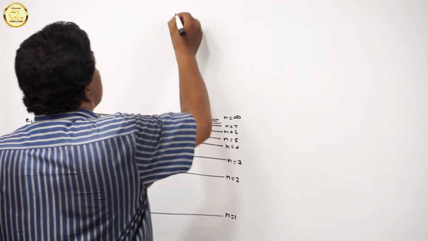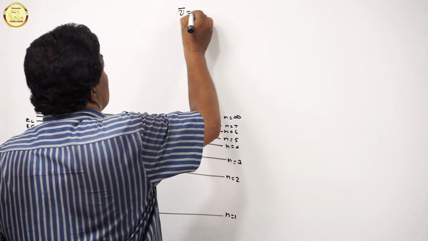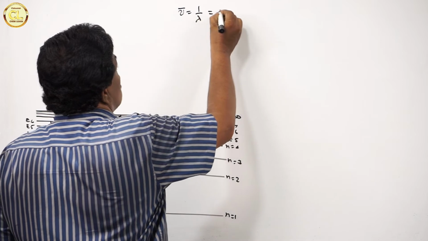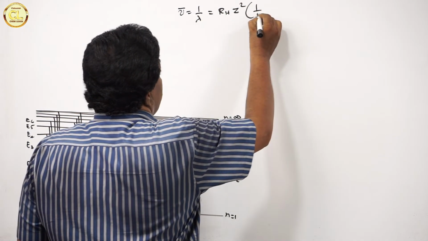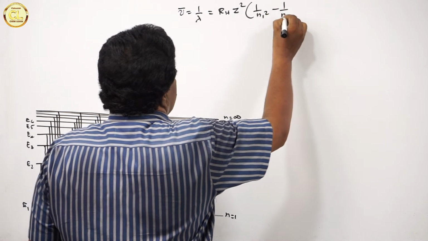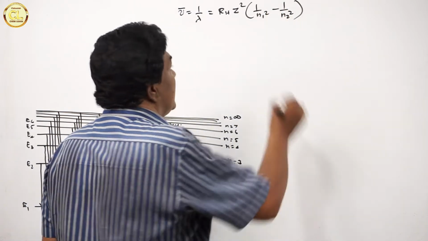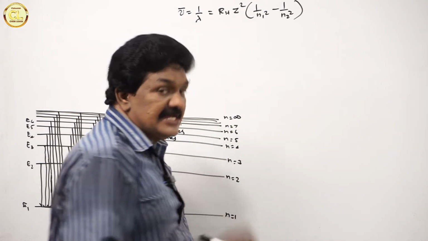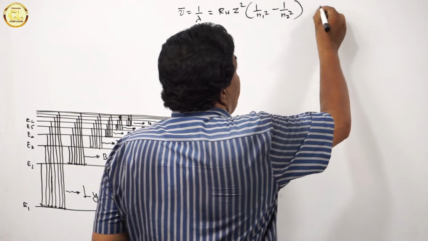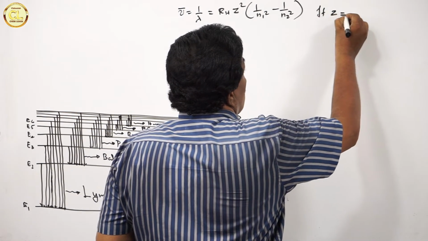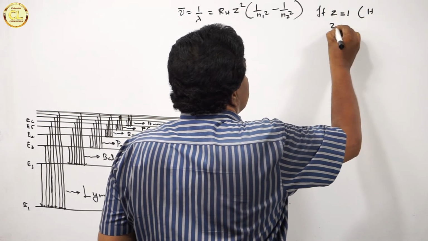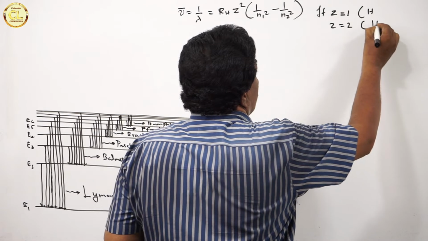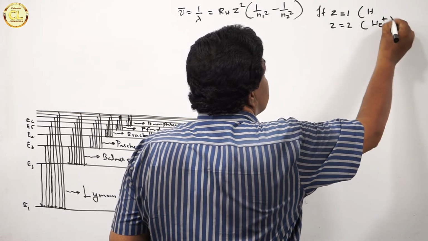We have the Rydberg relationship. Nu bar is equal to 1 by lambda is equal to RH into Z square into 1 by n1 square minus 1 by n2 square. Here Z stands for the atomic number. If Z is equal to 1, it's for hydrogen. If Z is equal to 2, it's for He single plus.